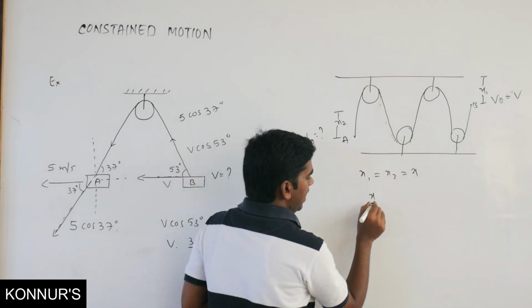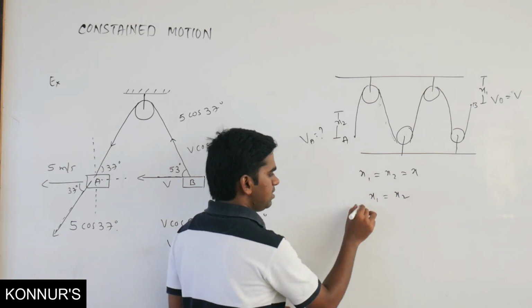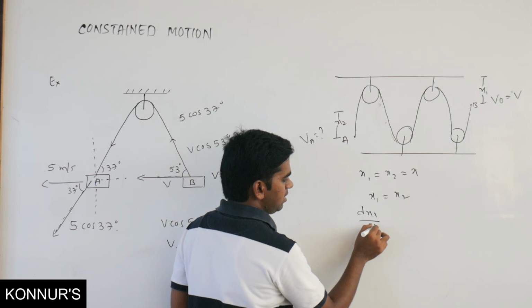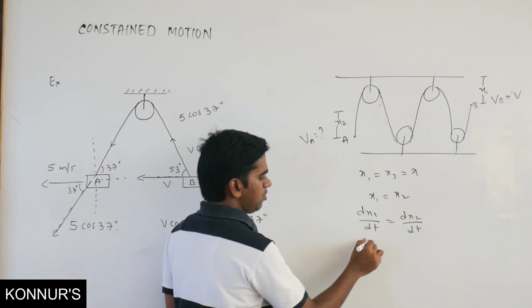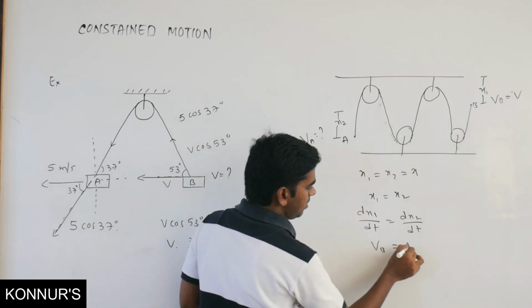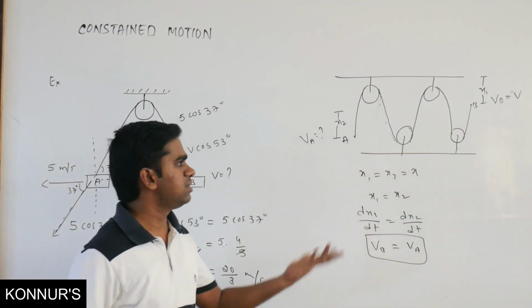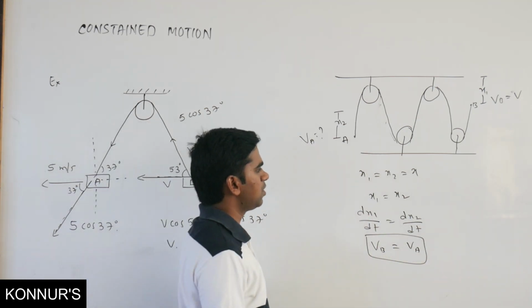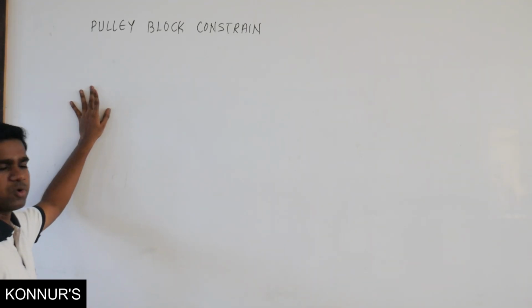So x1 equals x2. You can differentiate: dx1 by dt equals dx2 by dt. So dx1 by dt is nothing but the velocity of B, equal to the velocity of A. So simply by using common sense we can also solve this problem. Okay, so we'll go to the next order of problems.